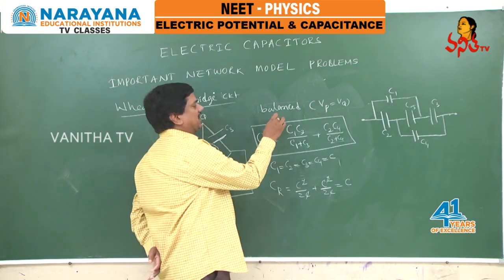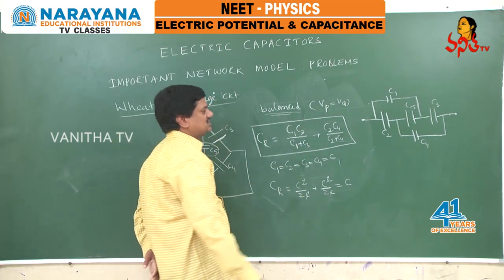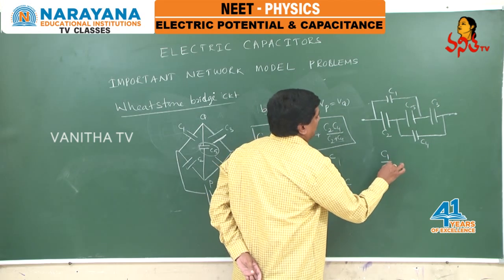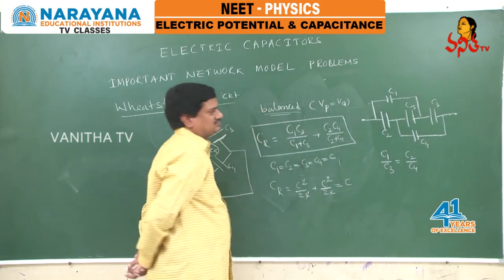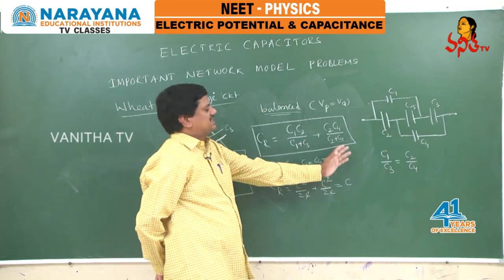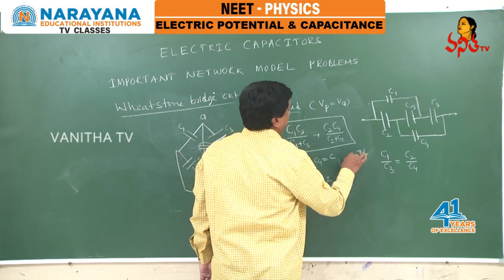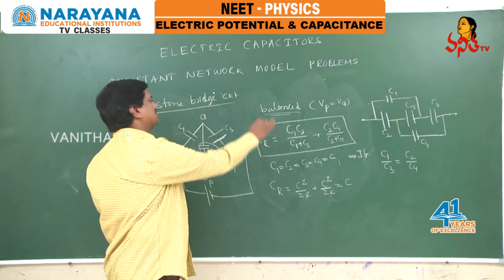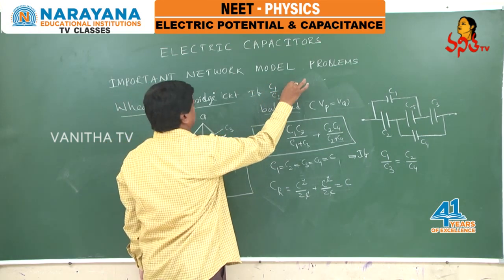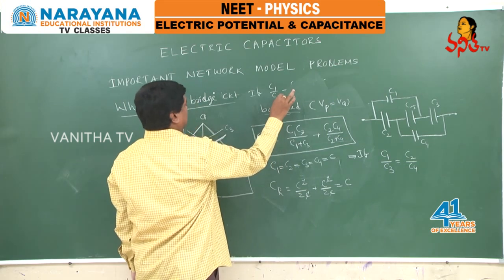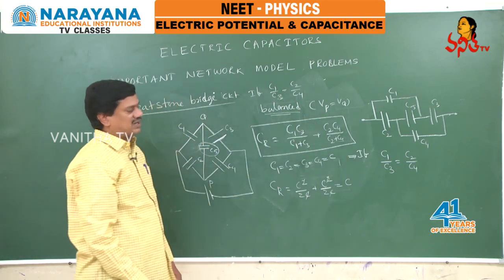The Wheatstone bridge is said to be balanced. How to check whether it is balanced or not? The condition is, if C1 by C3 equals C2 by C4, then the Wheatstone bridge is said to be balanced.